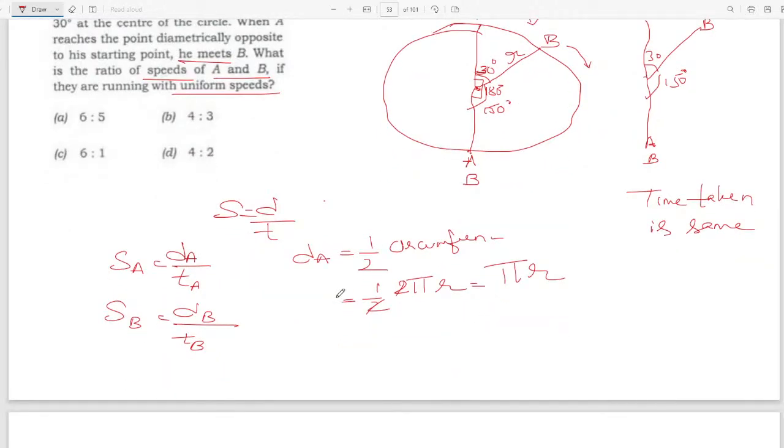See this angle, that is 150 degrees. So B has covered 150 degrees in the same time. So I had given the formula here.